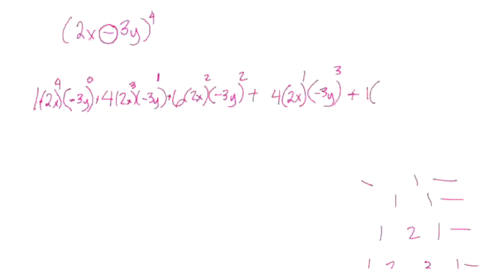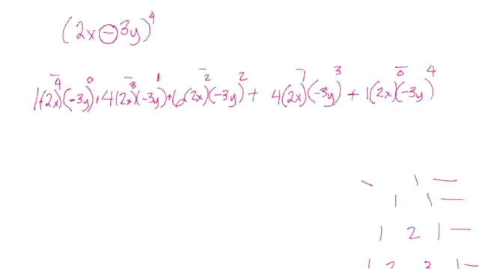And my leading coefficient here is 1. So I take the first term, 2x, and that's going to be 4, 3, 2, 1, 0. And then I take my second term, which is negative 3y, and that's going to be 0, 1, 2, 3, boom, 4.